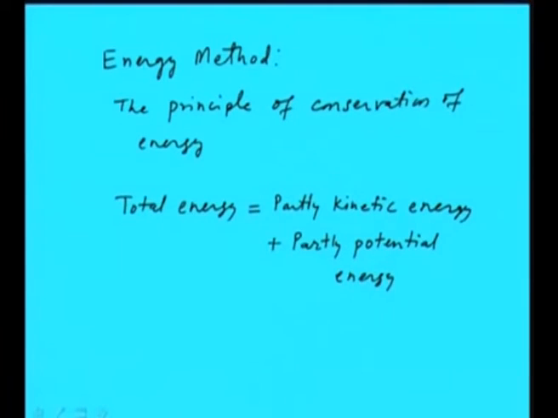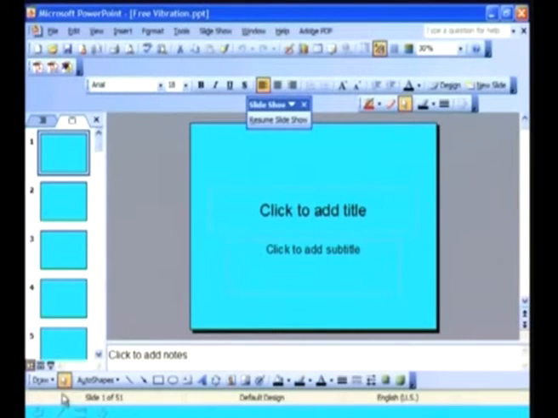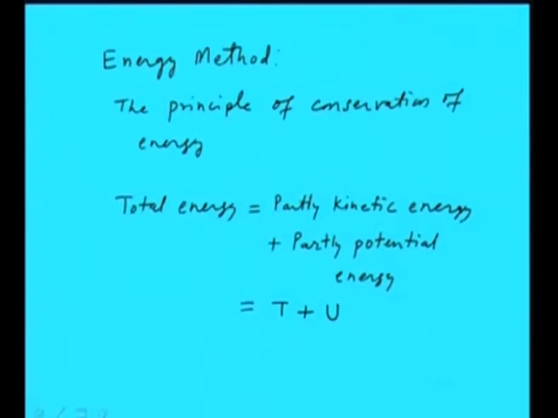So we can write this expression, representing kinetic energy as T and potential energy as U. Kinetic energy is stored in the system as velocity terms, and potential energy is stored in the form of strain energy or work done against some field like gravity or magnetic field, and this quantity T plus U is a constant for a conservative system.